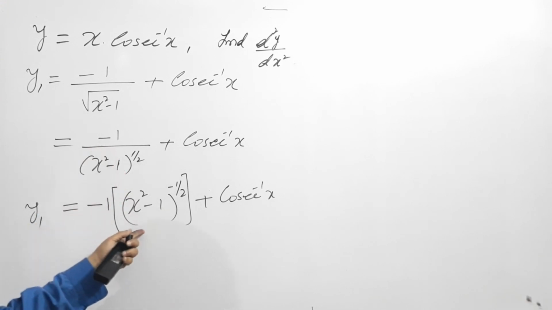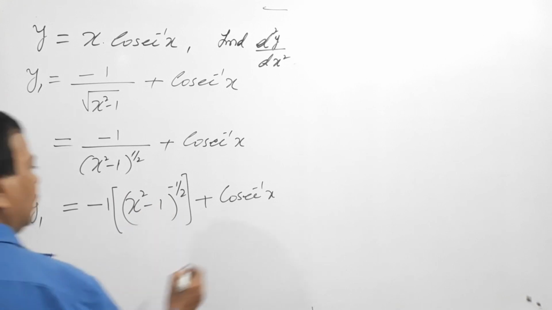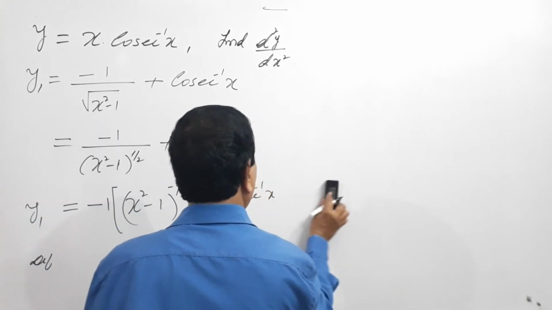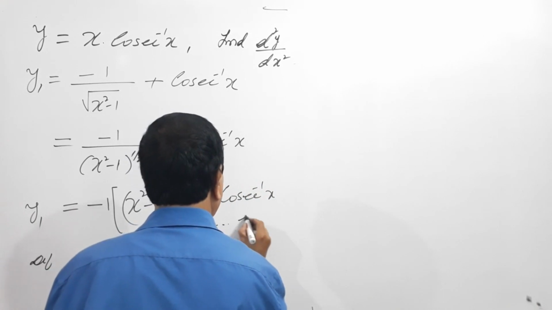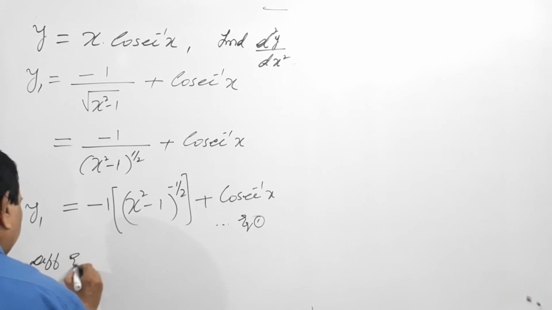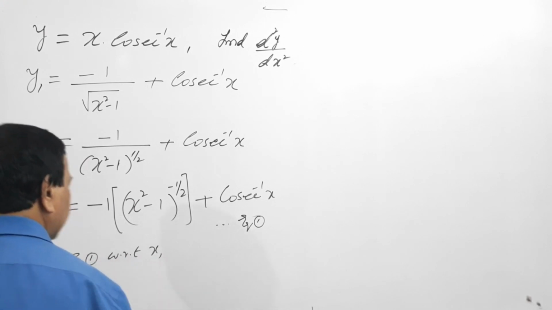I brought it to the numerator, so this plus sign becomes minus half. I call this as equation 1. Now differentiating equation 1 with respect to x.